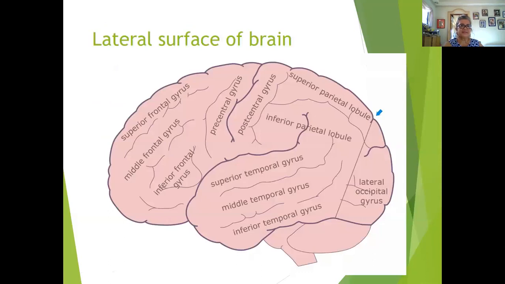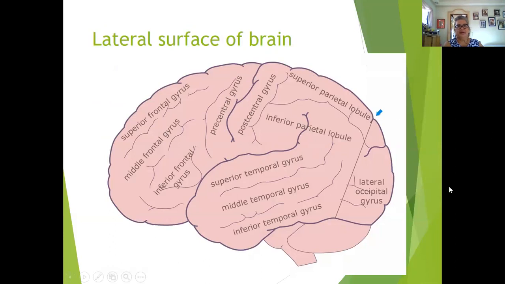So this is the lateral surface of the brain. So the typical fissures, you have here your lateral sulcus of Sylvius. Then you have the central sulcus of Rolando.